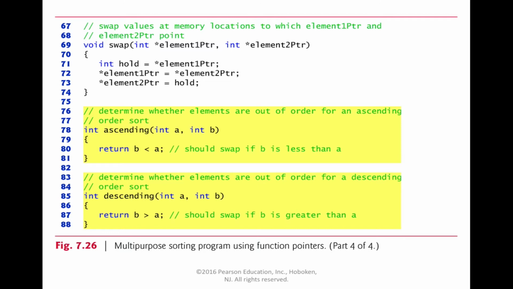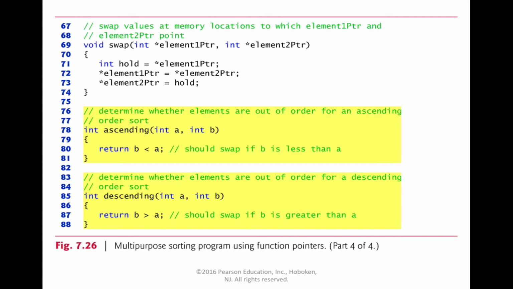The swap essentially takes the first item, puts it in hold, takes the second argument, assigns it to the first, and then takes the second argument and assigns the value of hold to it. Now, our functions here, ascending and descending, take two integer values. They return an integer.